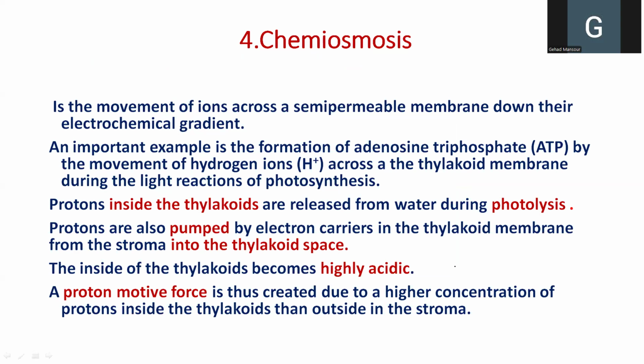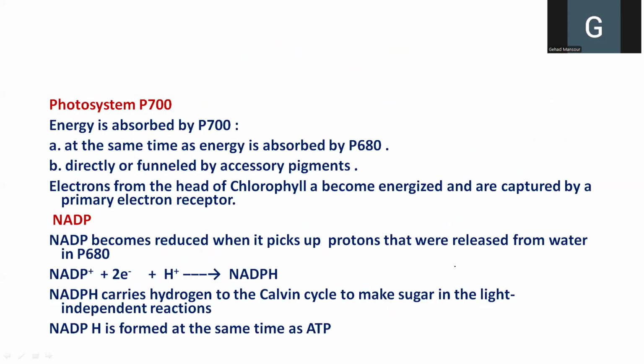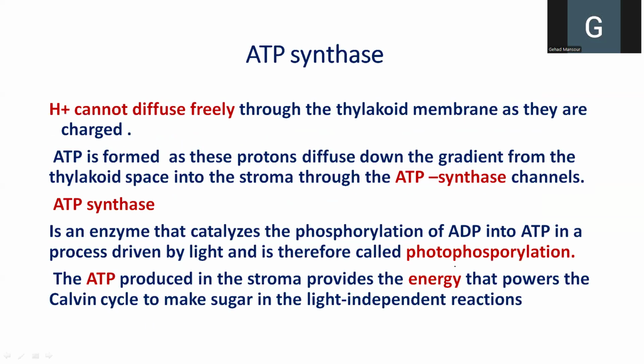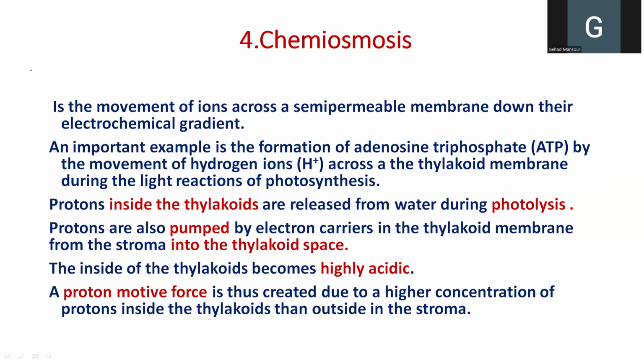Now, what is chemiosmosis? Chemiosmosis in general is the movement of ions across a semi-permeable membrane down an electrochemical gradient. For example, when sodium ions diffuse from where they are present in a higher concentration to where they are present in a lower concentration, that is a kind of chemiosmosis.